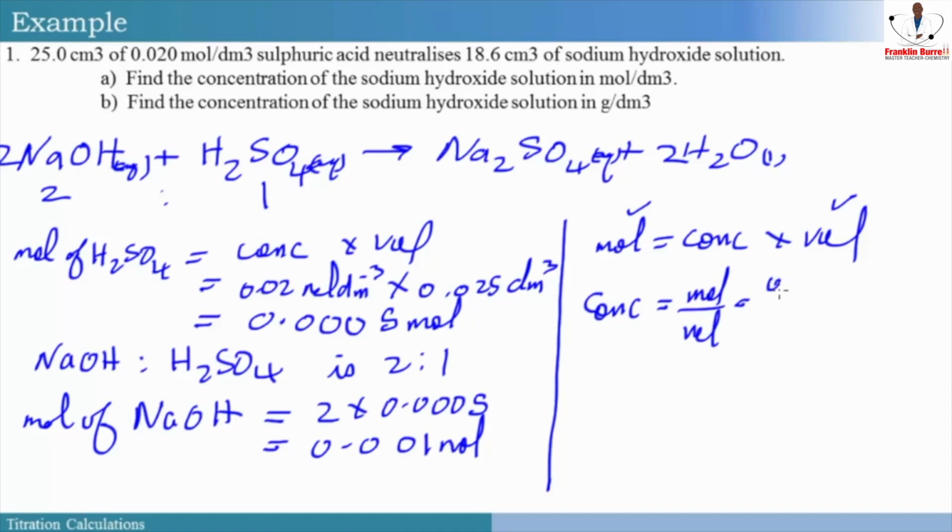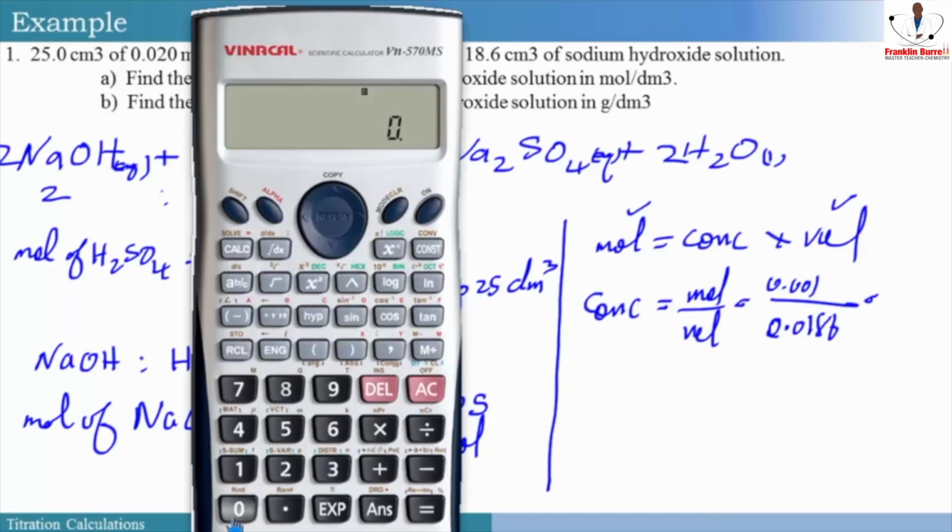And so the moles is 0.001 divided by 0.0186. And that is in dm cube. And that should give me a value of, so 0.001 divided by 0.0186.